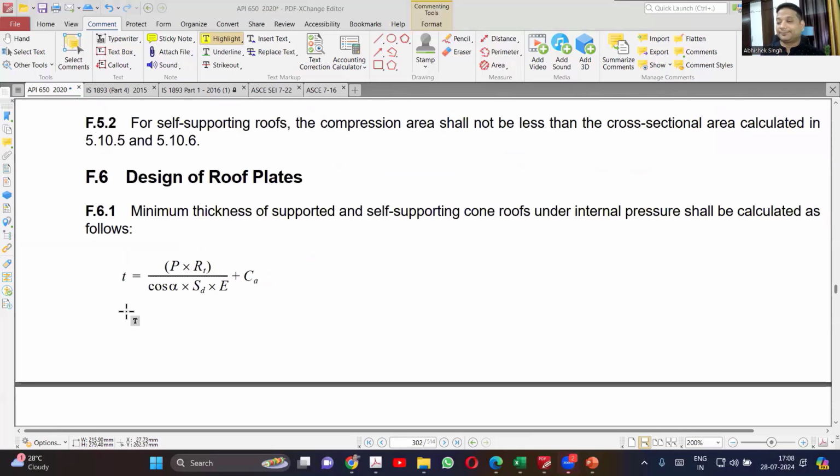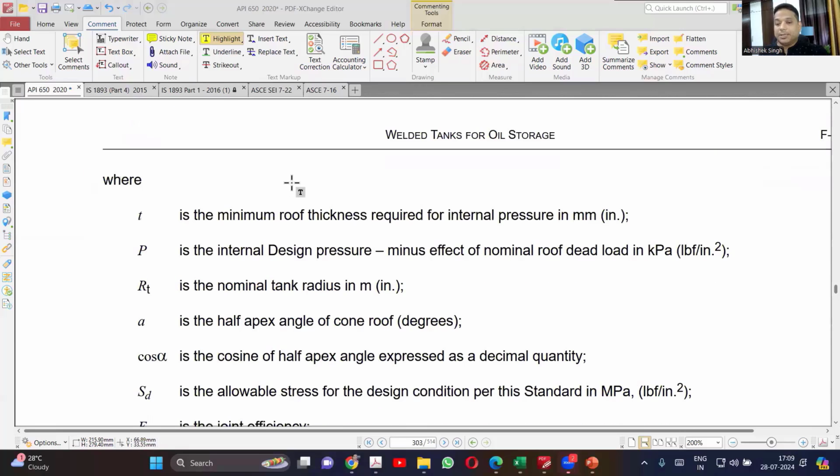Making sense? This additional calculation you have to do for the thickness of the cone. Is it making sense? These calculations are when you have a small pressure which is exceeding the weight of the roof.